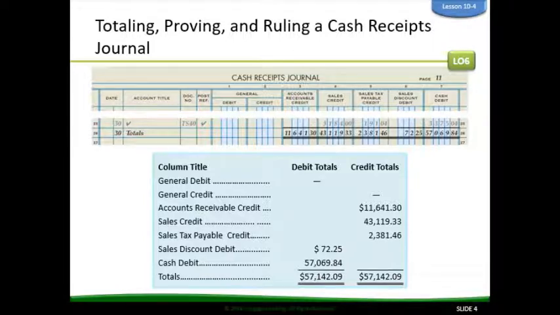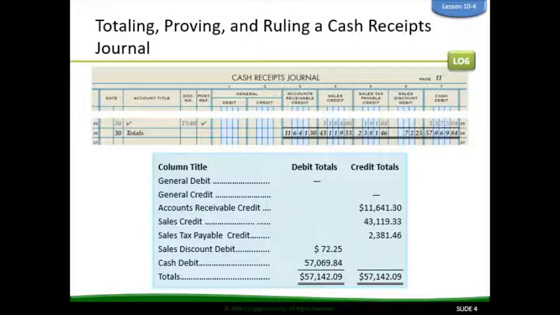So go down and below it, see where it says accounts receivable credit, go over to the credit totals and put that balance in. And then the next is sales credit. Go down to sales credit. Under credit totals, put $43,119.33 in.